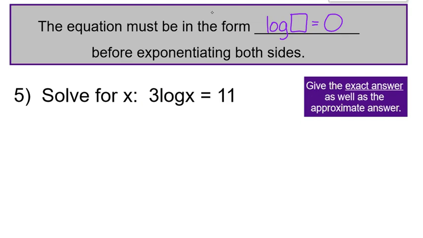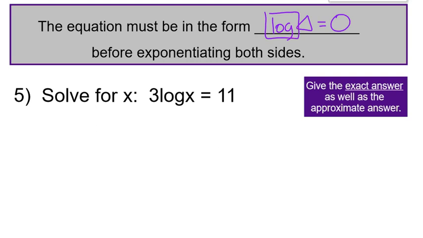Okay, so just to be consistent here, we have the log of something, whatever the something is, equals a number. Once you get it in that form without any extra stuff, then you can exponentiate. So let's take a look at number 5. We have 3 times log of x equals 11.